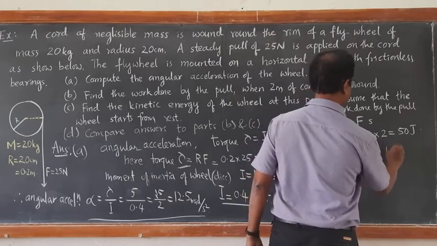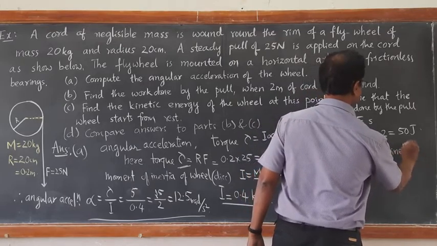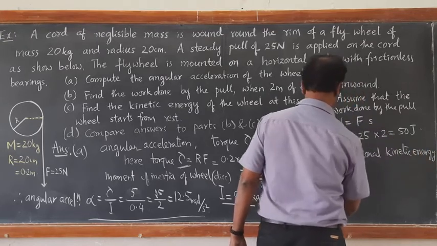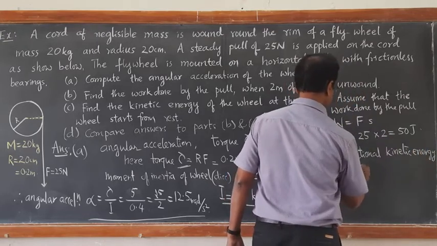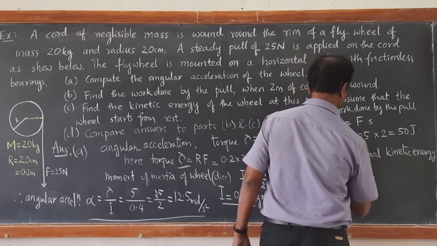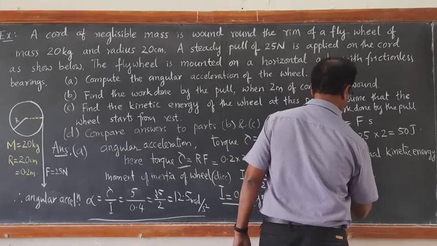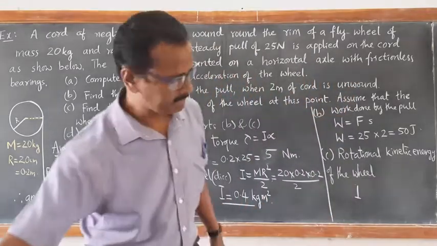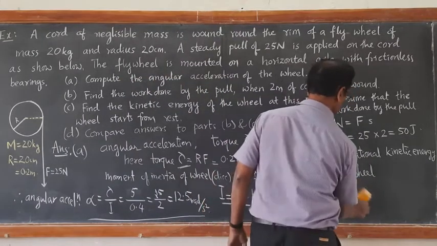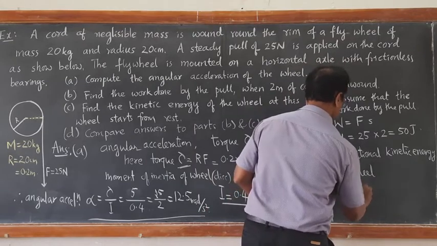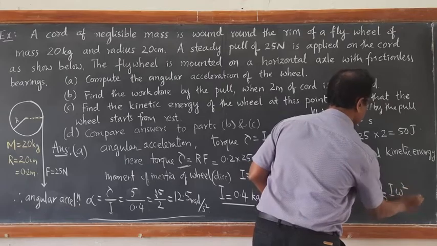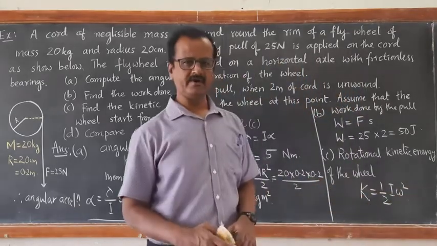Rotational kinetic energy of the wheel is given by K is equal to half I omega square. So we will substitute the value of I and omega.